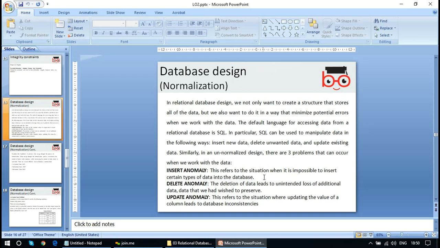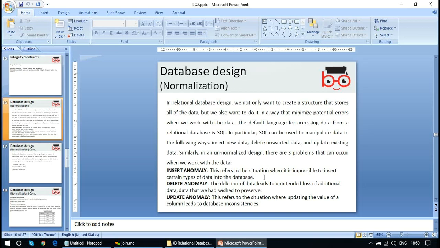The deletion anomaly: the deletion of data leads to unintended loss of additional data that we had wished to preserve.